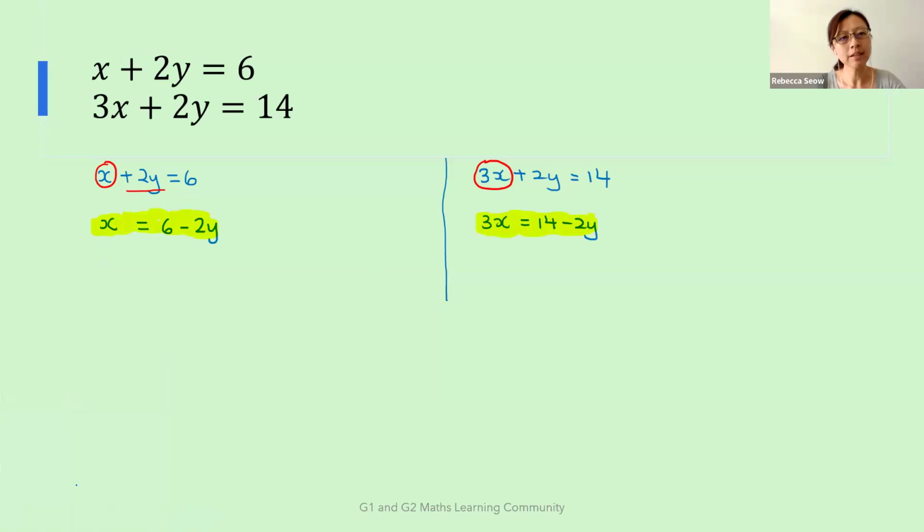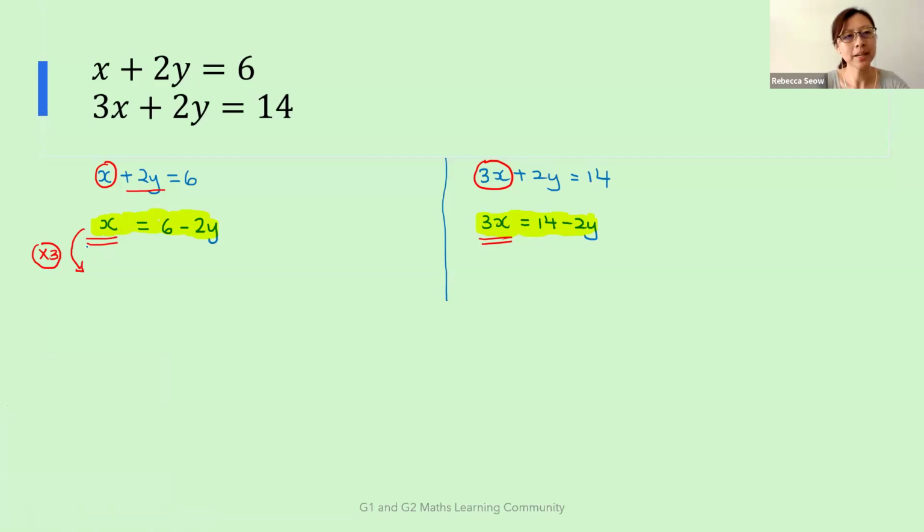So if I have an x term here and a 3x term here, what do I need to do to this x so that I can make it the same, 3x? From x to 3x, I need to multiply the equation by 3. This is what I mean by equalizing both equations.